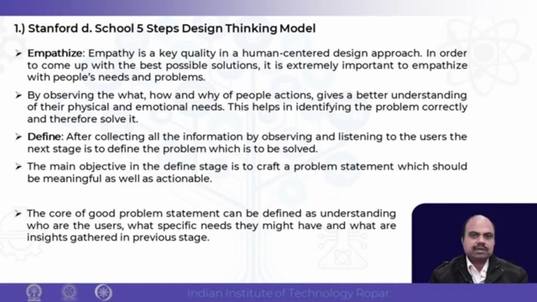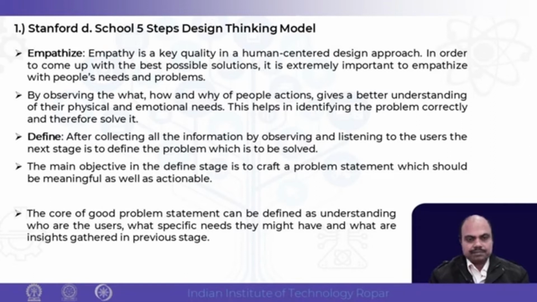The same product designed for younger people or older people will have different needs. Often they are not able to tell us what they need, so until we empathize and feel, we are not able to understand. We need to empathize with their feelings, understand their issues, and then design the product.